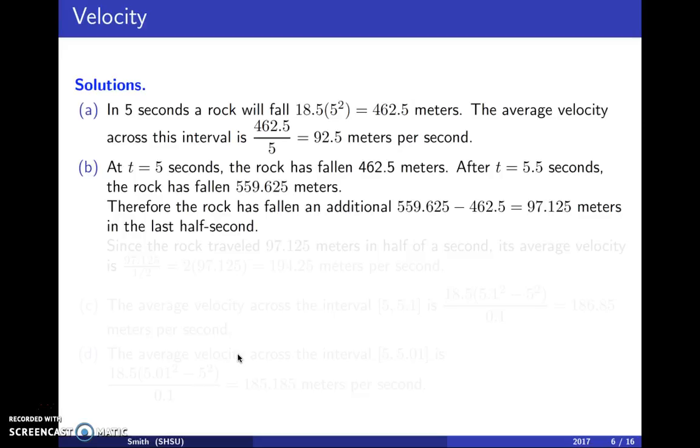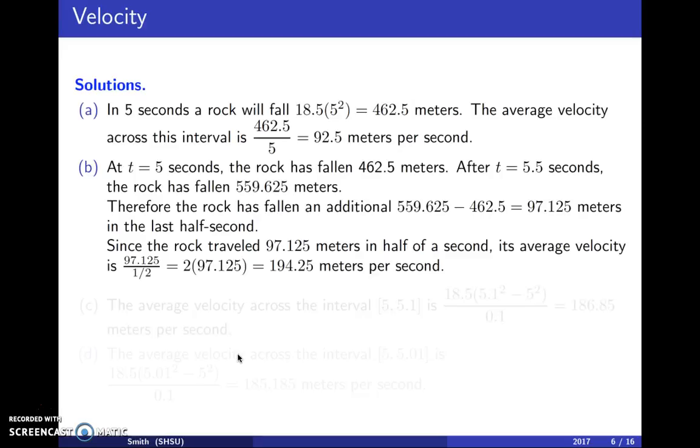So the rock had fallen an additional 97 meters in the last half second. How fast is it traveling on average during that half second? Well, if it traveled 97 meters in half a second, its average velocity is this ratio, about 194 meters per second. The other two problems are similar.